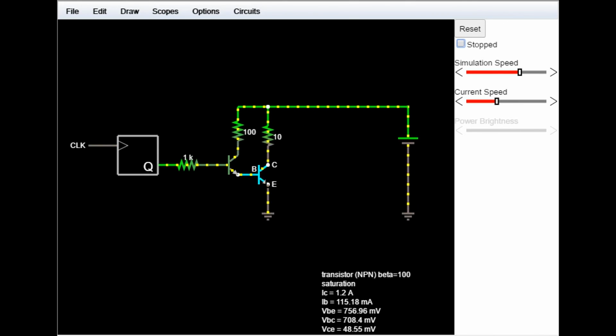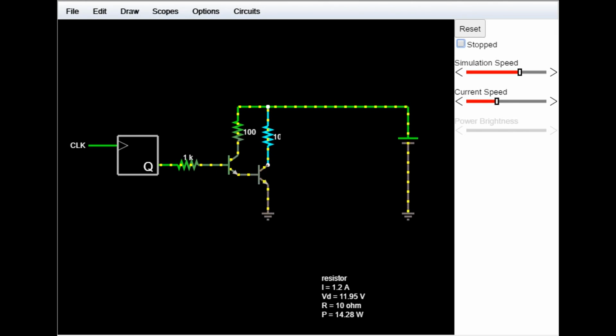But what that means is that this is operating in switching mode. So this is an on switch. This one's working as an amplifier, and this one's working as a switch. And as a result, you have all the voltage being dropped over this load resistor, and it's getting the maximum current of 1.2 amps, which is what we needed to drive it at full blast.